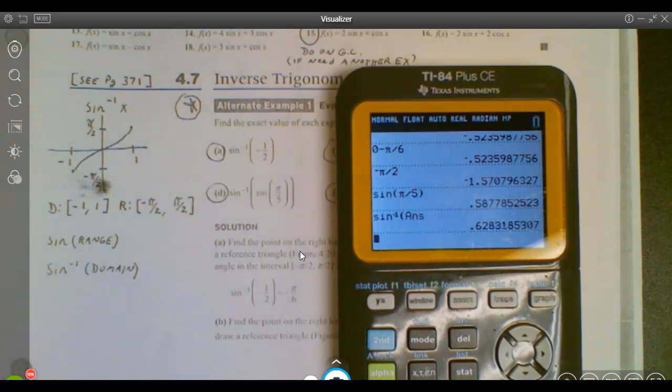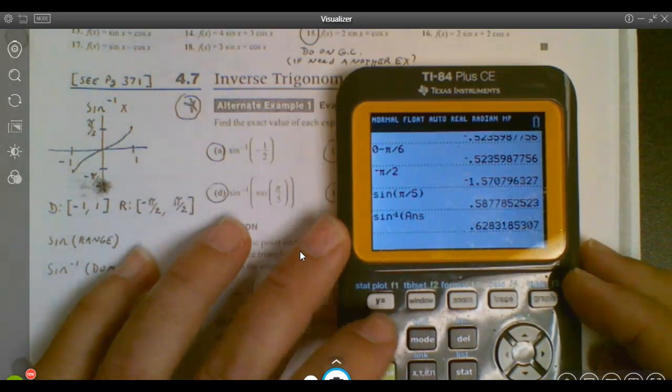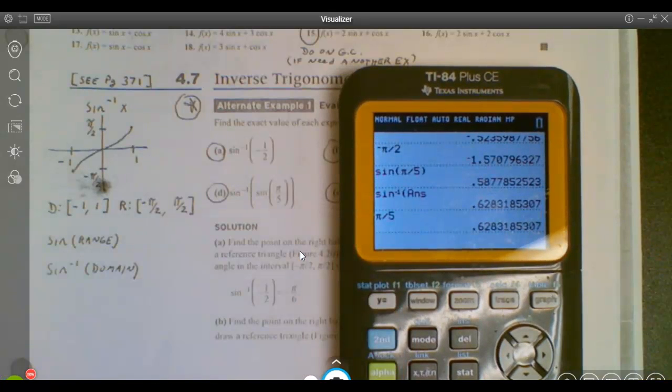And I'm going to get this. Notice, that's just right back where I started, right? If I looked at pi fifths as a decimal. So, in other words, we did the sine of pi over 5 to get the length. We did the inverse sine of that length to get the angle back, and it put us right back to where we started at pi over 5.